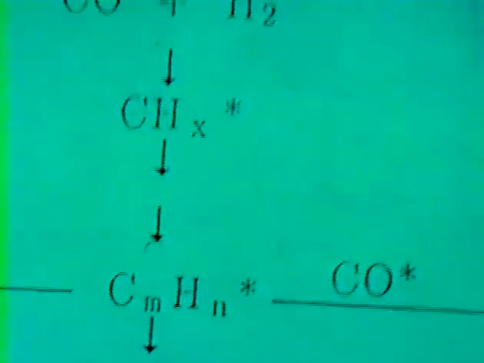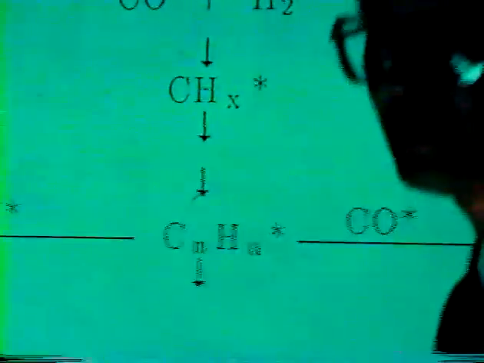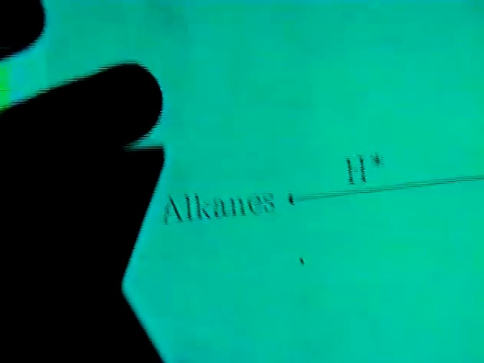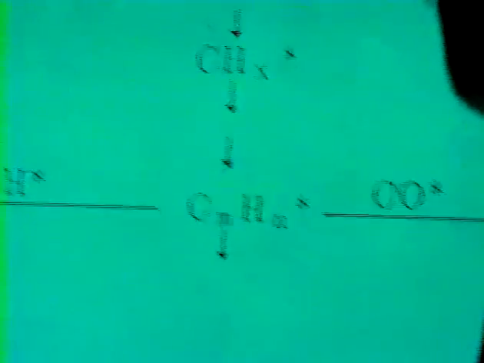Now, how can we rationalize these observed phenomena with the difference in selectivity? Let us consider this very simple scheme, which is accepted by many people for the formation of the products in the CO hydrogenation reactions.